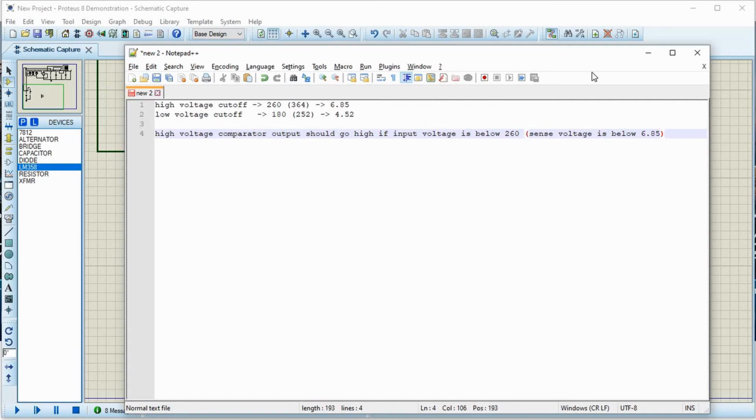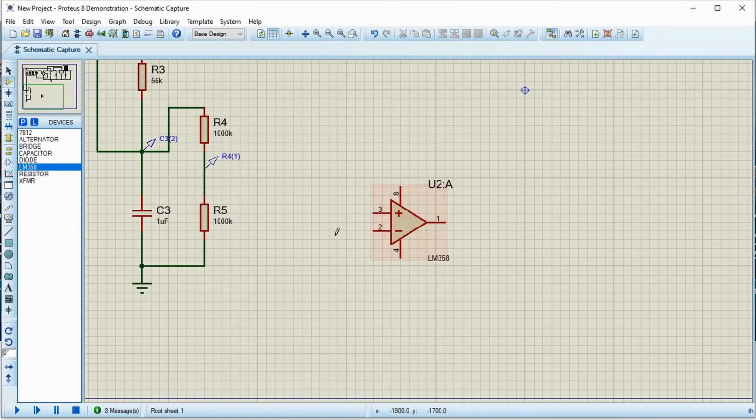So this is the logic which I want. So this to the negative.